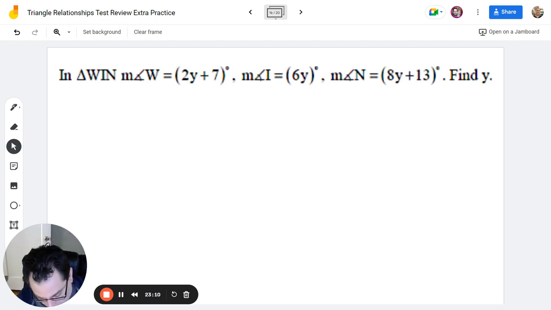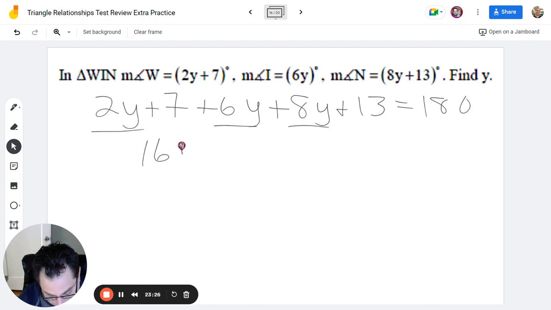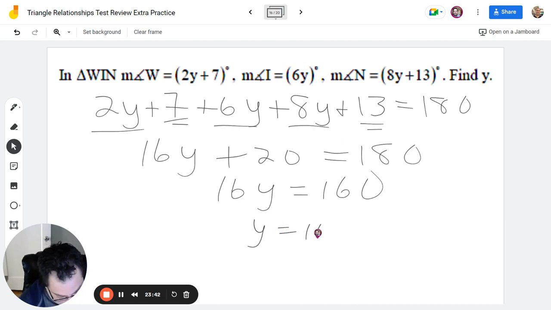So 2y plus 7 plus 6y plus 8y plus 13 is 180 degrees. 2, 6, and 8 is 16y. 7 and 13 is 20. Subtract 20 from both sides, we get 16y equal to 160. Divide both sides by 16, and you get y equal to 10. And that's all they want, just y.